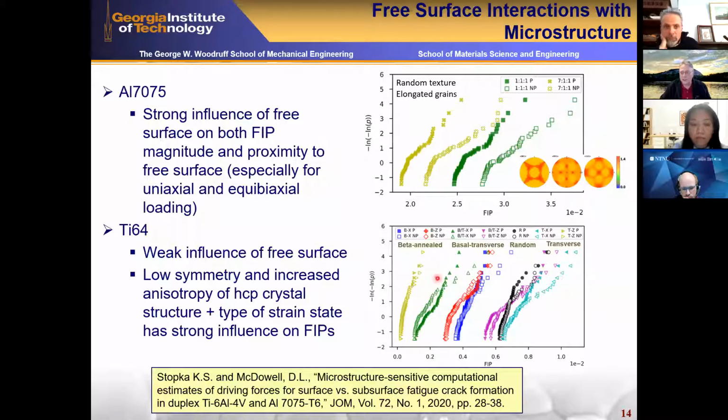In fact, here we see almost the same fatigue indicator cumulative distribution functions for the two cases, with and without a free surface. And indeed, experiments show more subsurface fatigue crack initiation in titanium alloys than in the high symmetry case, which is much more prominently investigated.